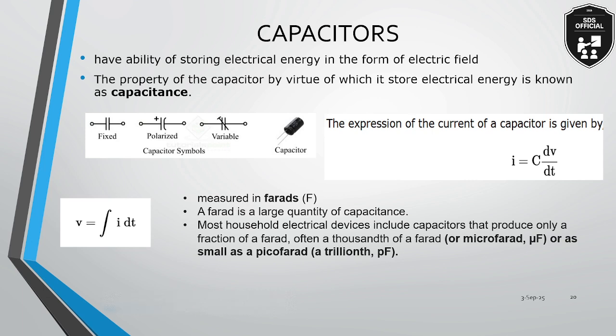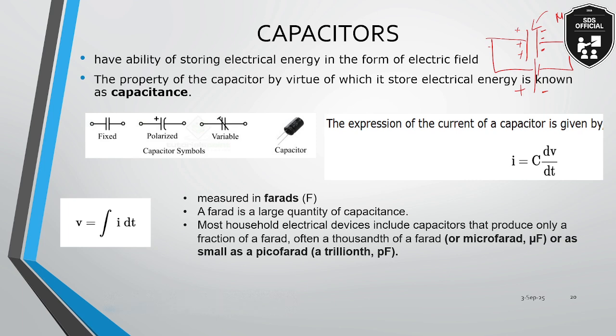Whenever we apply a supply, let us say a battery with a positive and negative terminal, to the capacitor, it will develop positive charge on one side and negative charge on the other, and it will store energy to its maximum potential.